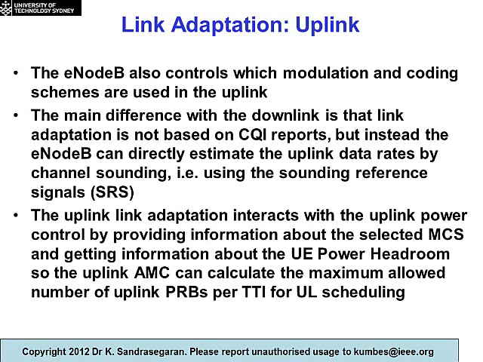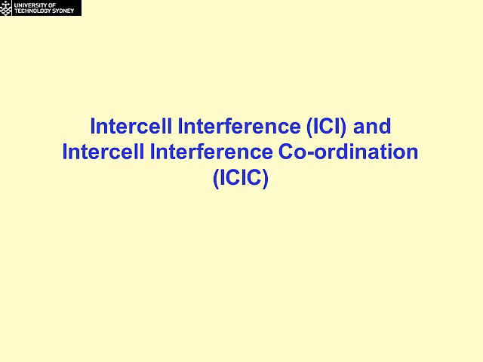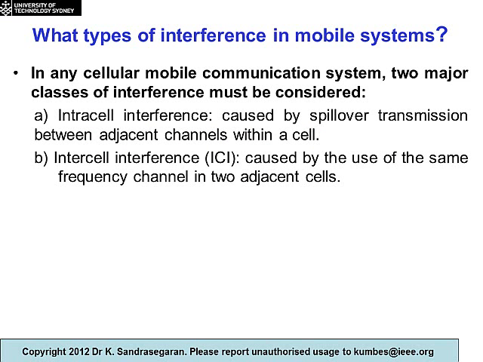The last topic that I want to look at is intercell interference. We have two types of interference: intracell interference and intercell interference. Intracell is within a cell, so two UEs that are transmitting within a cell.